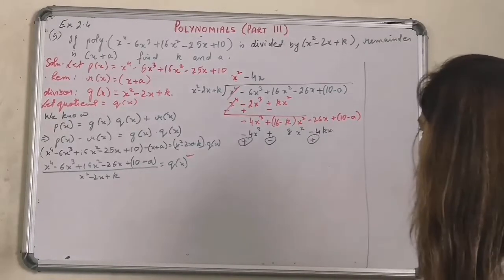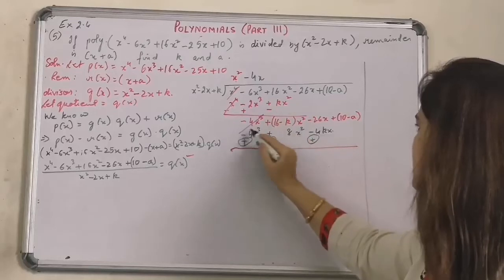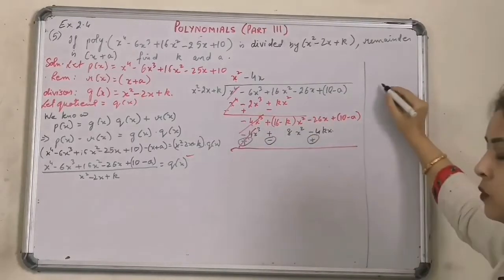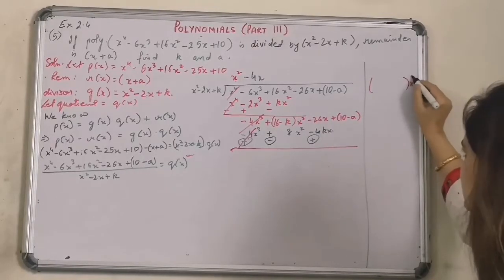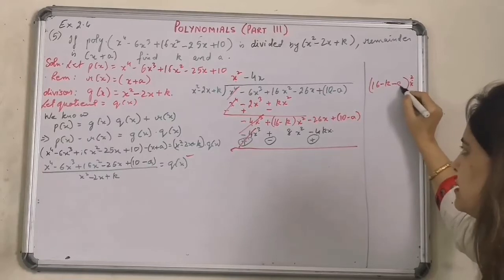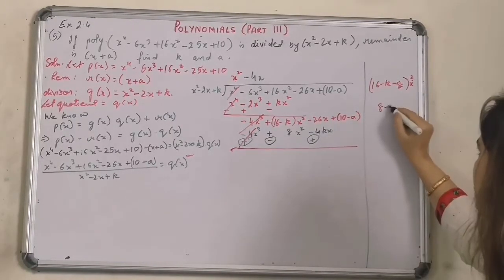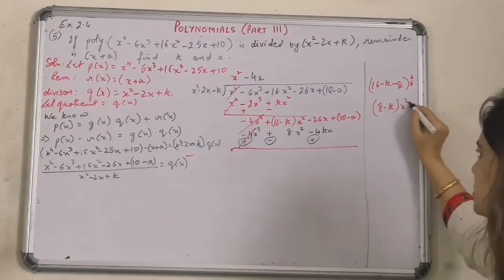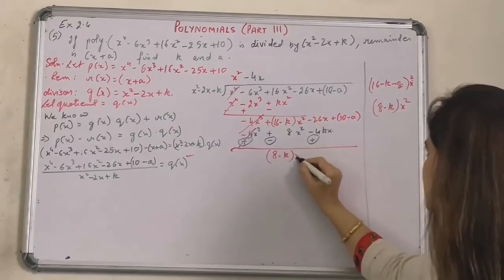Be very particular while observing the next step. Our first term cancels out. What are we left with? Go for the rough form. If I take out x square common, I'm left with 16 minus k minus 8 inside the bracket when I work on this. So what do we get? 8 minus k into x square. This should be written over here. 8 minus k into x square.